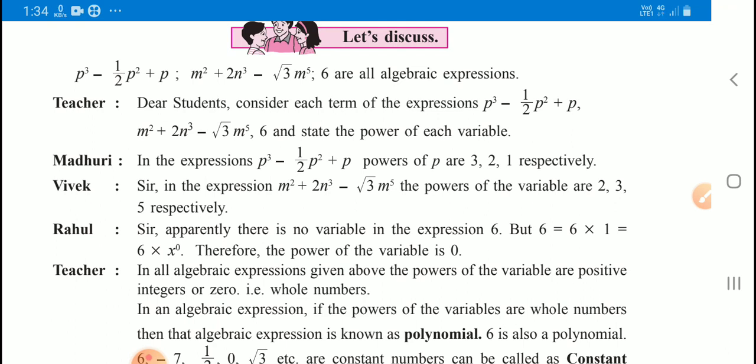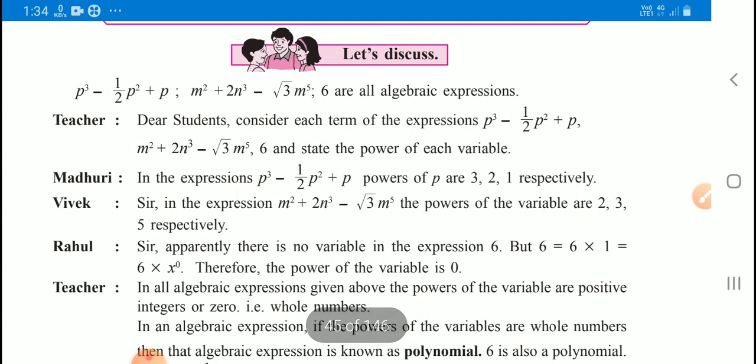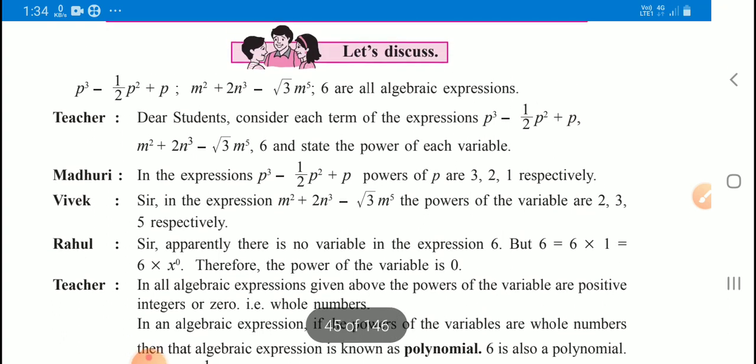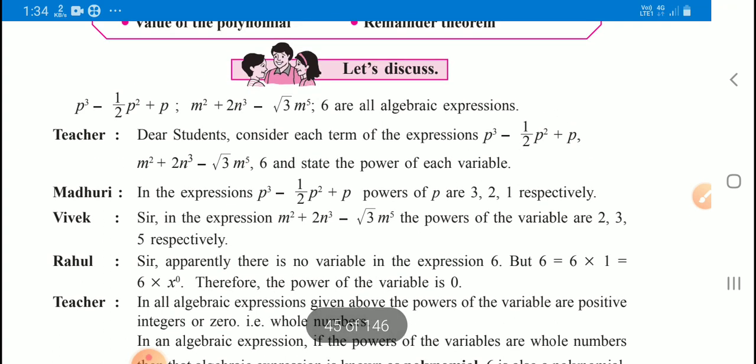A number and a variable together make a term, such as 5x, 3a, negative 8b, like that. These are the terms, and if we write these terms together with plus sign, minus sign, then these are known as algebraic expressions.